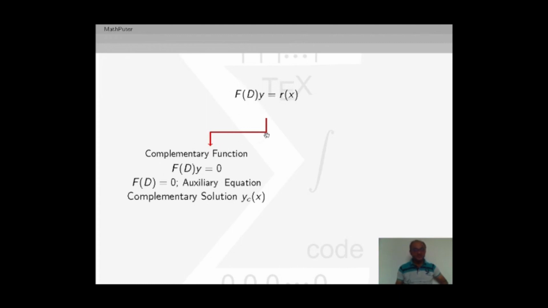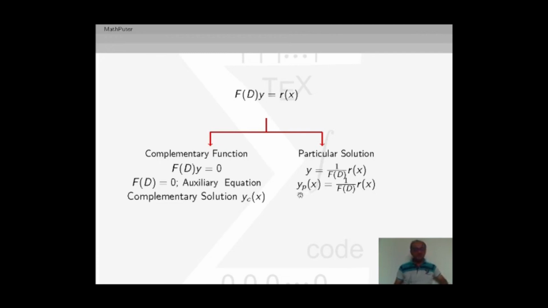The next part of the solution is known as the particular solution. This is actually called the particular integral. We represent y as 1 upon F(D) into r(x), and this is called the particular integral, which is represented by yp(x).